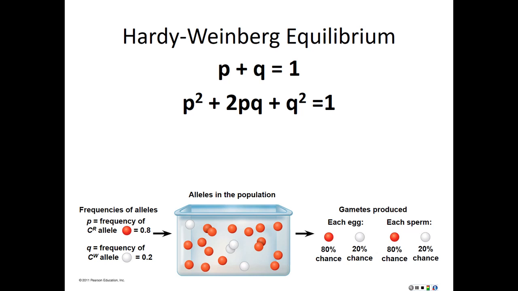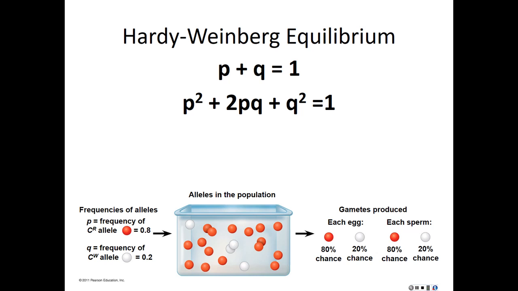So P is equal to the frequency of the dominant allele at a particular locus, and Q is the frequency of the recessive allele. So not surprisingly, P plus Q is equal to 1, or 100% of the alleles in that population.